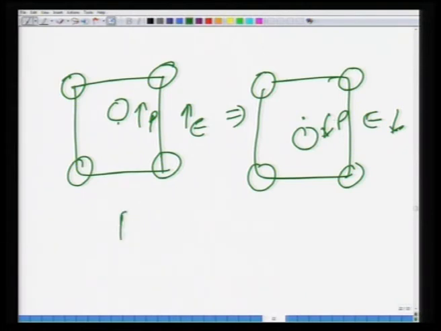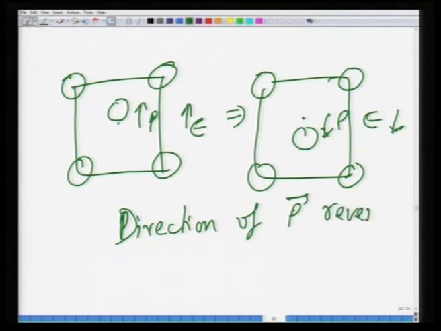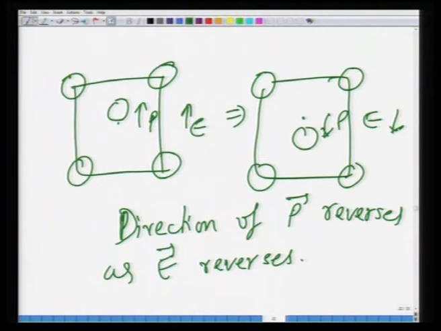So direction of P reverses as E reverses. So this is another constraint which has been imposed on ferroelectric materials. So naturally, by definition, all the ferroelectric materials are pyroelectric materials.